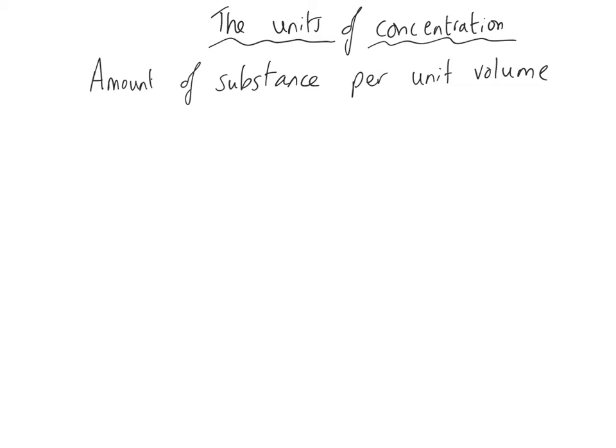Now we've looked at volume, we need to move on to look at the units that concentration might have. What they all have in common, whatever the 2 units are, is that they are an amount of a particular substance per unit volume.